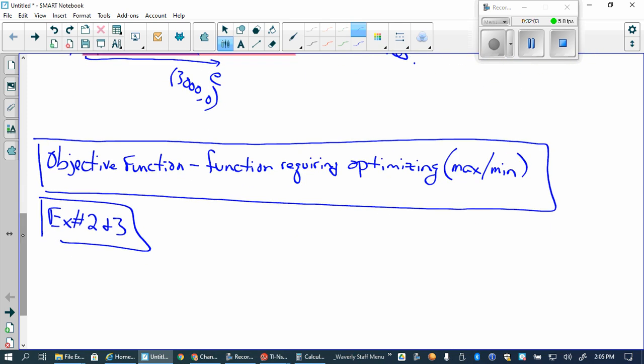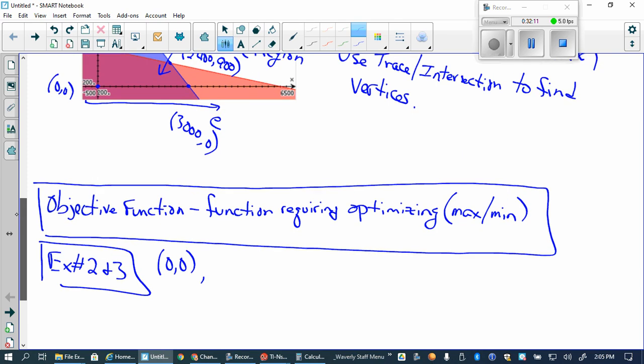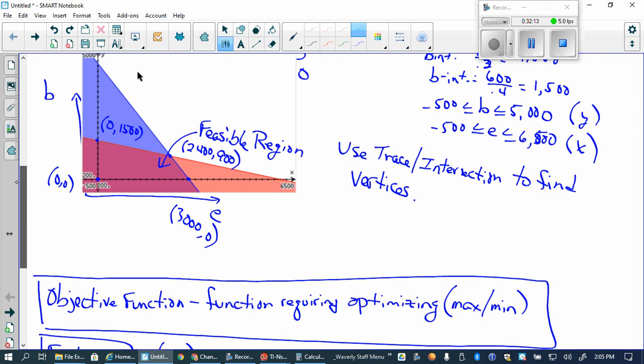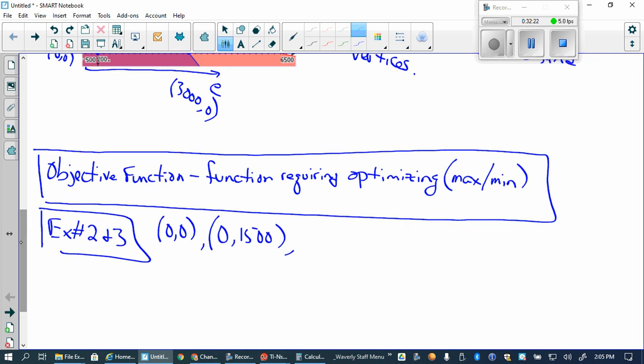So we have 0, 0, and we have 2400, 900. Let me just go in order around. 0, 1500, and then it was 2400, 900.